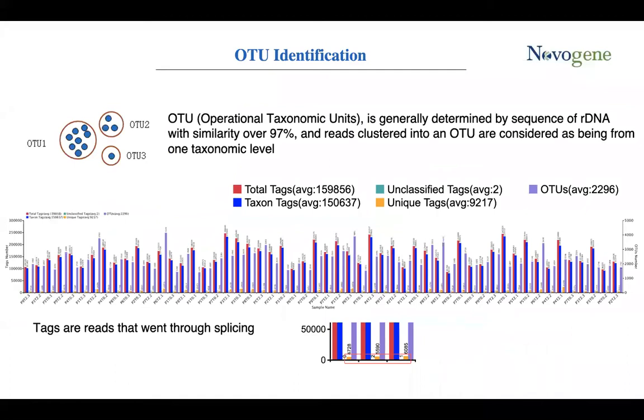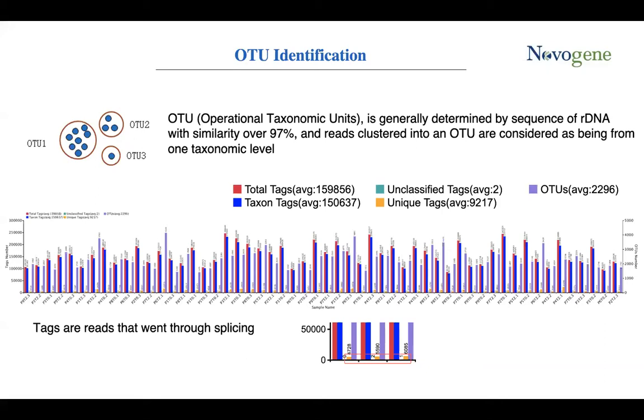So first and the most essential one is the OTU identification. OTU, namely the operational taxonomic unit, is determined with a cutoff value of similarity by the sequences of rDNA we got. So generally, this cutoff value is 97%, which means if the reads share 97% of the sequence similarity, they will be considered from one taxonomic level.